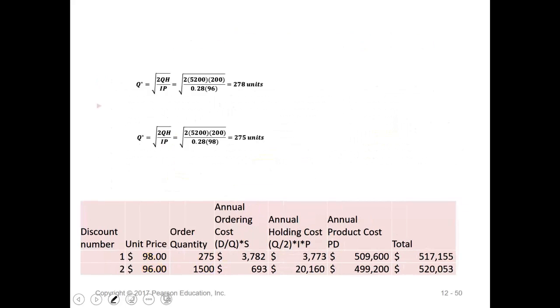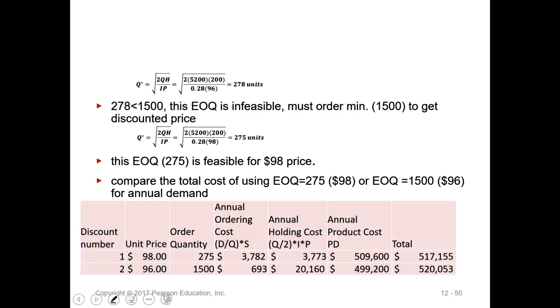So, the first one, we use the lowest price, 96, to find your Q star. This Q star, with the 2 and D, and here it is Q level and H level, I times P, this is the S. We find that the units is 278. And because we are using 96, this price is only available when you order more than 1,500, right?